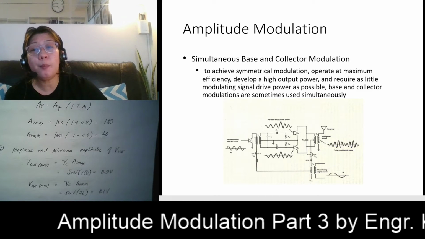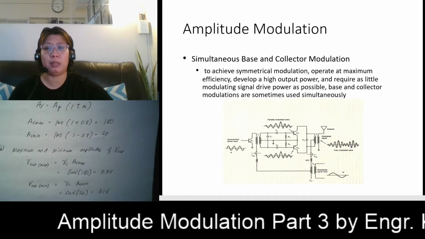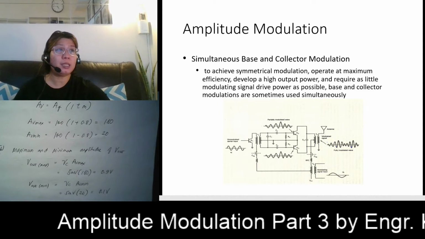Upon applying it at Q1, we have what we call collector modulation, because your modulating signal is applied at your collector, and your unmodulated carrier is being applied at your base. So the output of this one, which is being applied on this one, is already somewhat pre-modulated. We have already done modulation here, so we already have a partially modulated waveform.